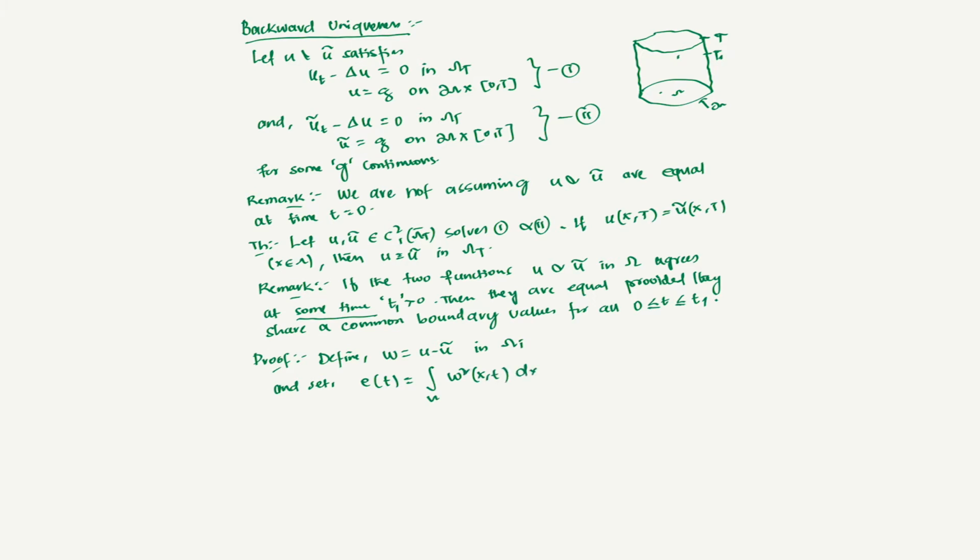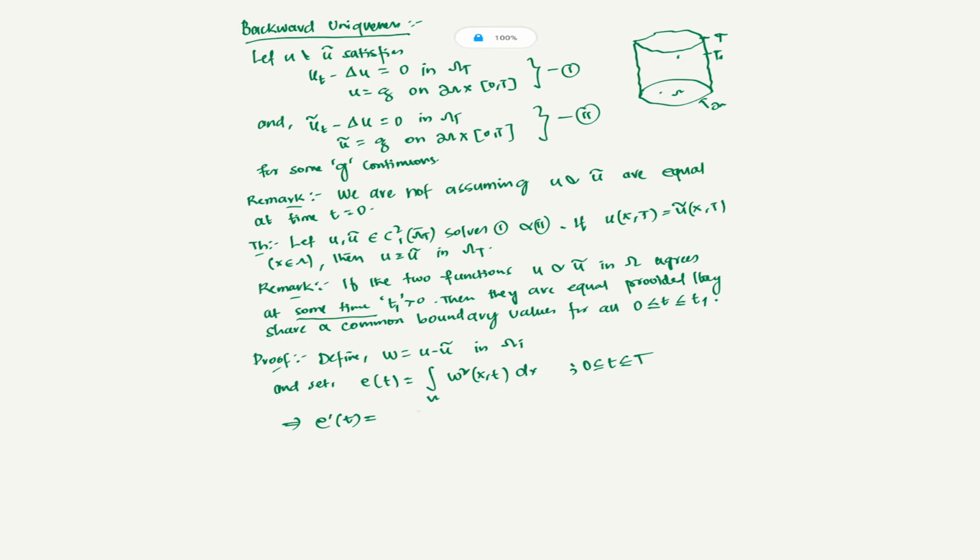I am fixing a t, and for each fixed t I define E(t) as the integral of the square of w, for all t between 0 and capital T. Then w, being u minus u tilde, is twice continuously differentiable with respect to x, and once continuously differentiable with respect to t. So this function E of t is thrice differentiable.